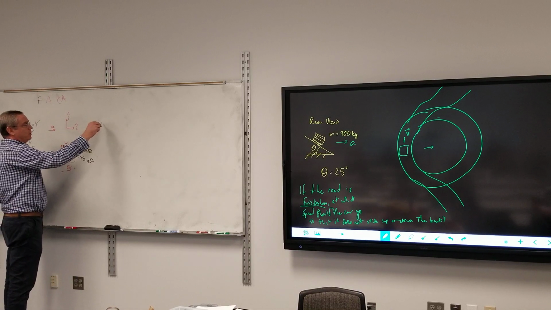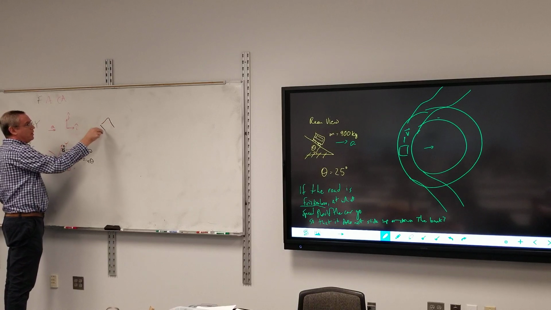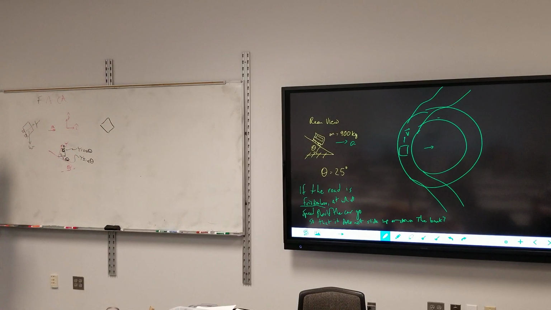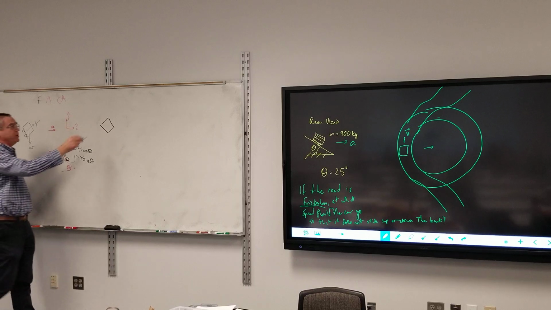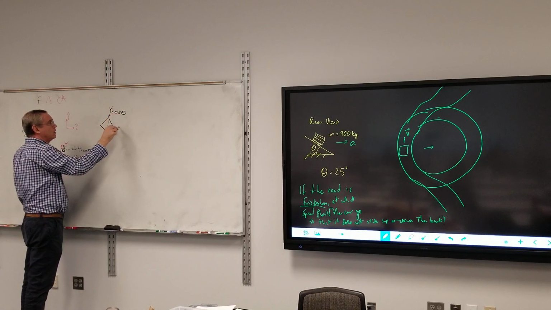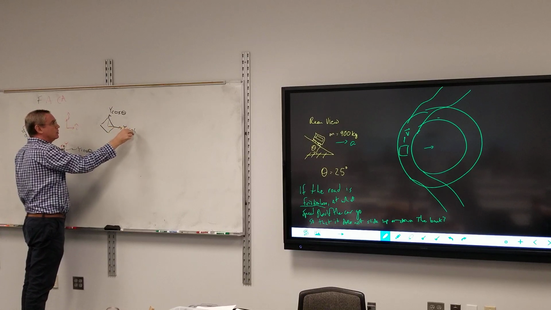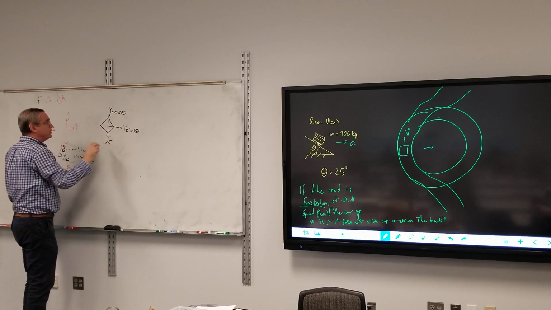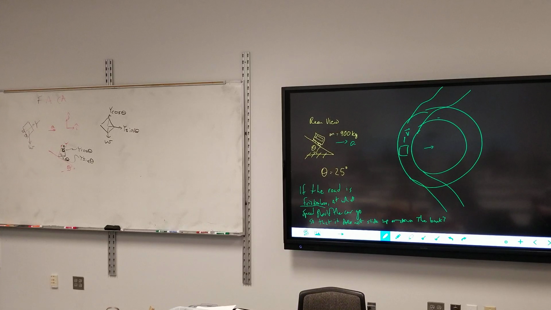So what I'm claiming then is that this force diagram can also be written as y cosine theta, y sine theta. When you are breaking it up into components, try not to put the components on the same diagram as the other vector here.